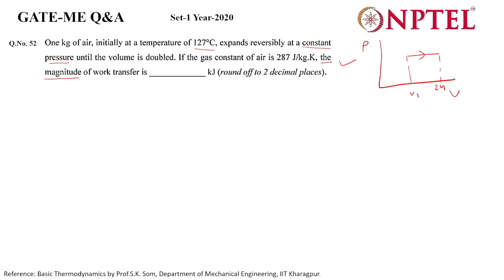So anyone did? Yes, sir, done, sir. 114.8 kilojoule. Yes, it is very simple, right? Here pressure and volume are not given. But what is the formula of work done?